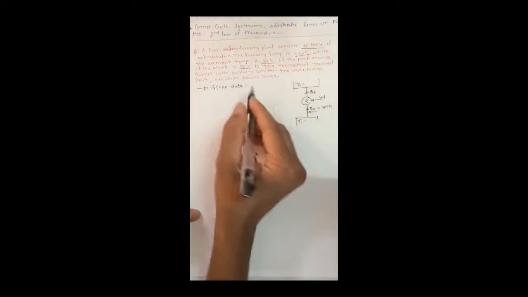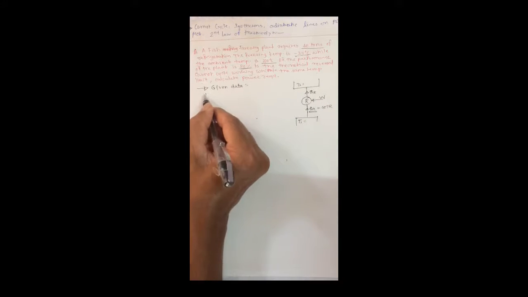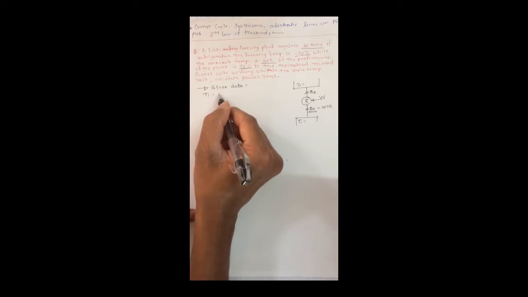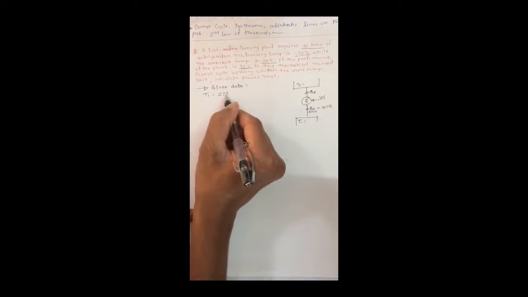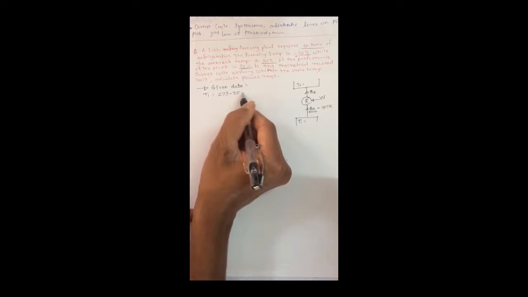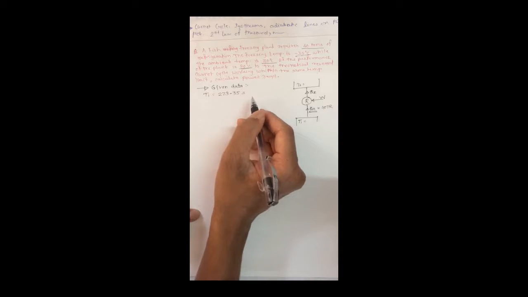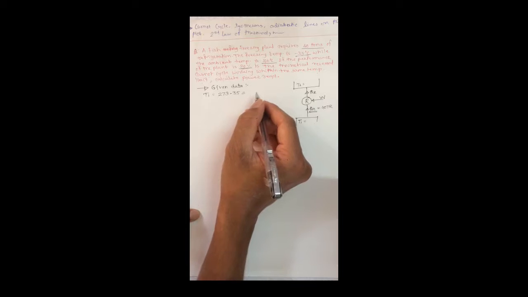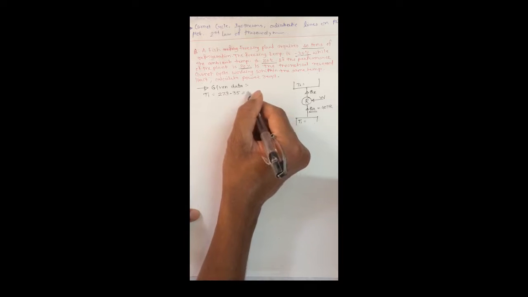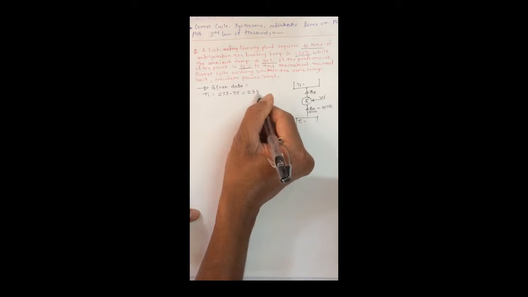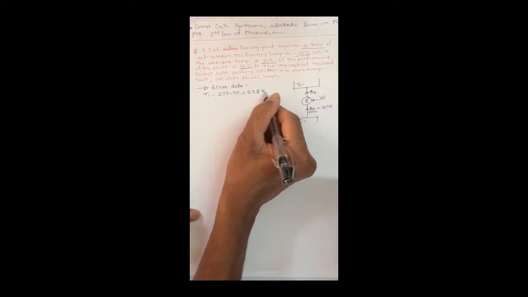First of all we have to convert the temperature T1 into the Kelvin scale. So 273 minus 35 is equal to 238 Kelvin.